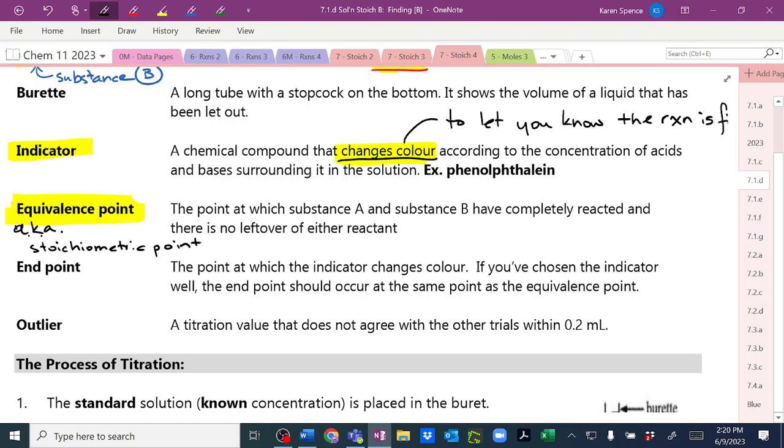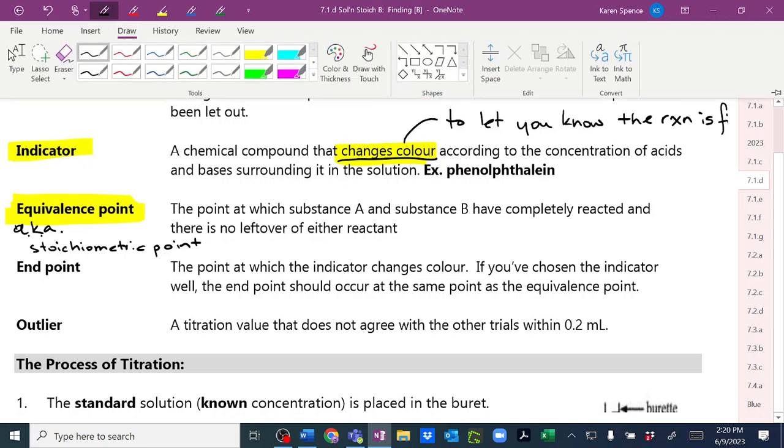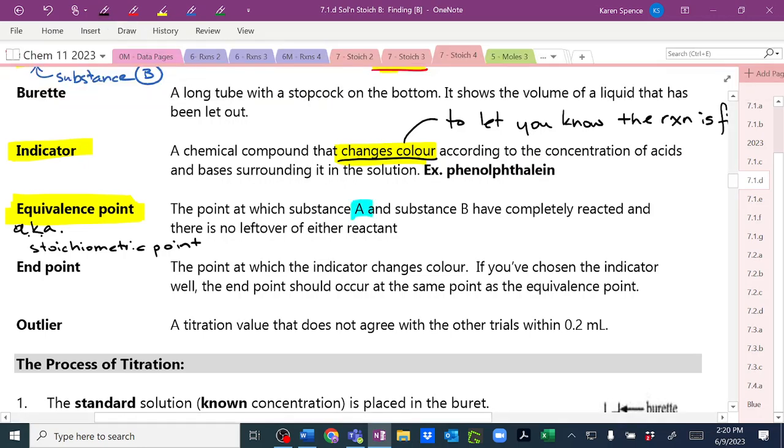There's no extra acid, there's no extra base. I've reacted exactly one of those with exactly two of those, and all I've got is products. I don't have any left over of either reactant. Okay? So it is where substance A and B have completely reacted, and there's no leftover of either reactant.